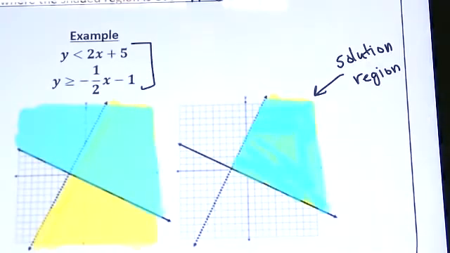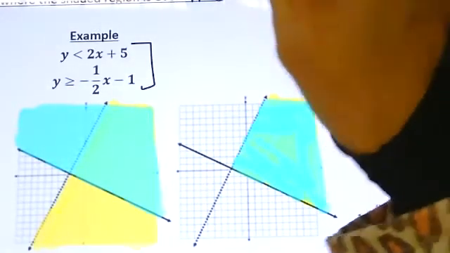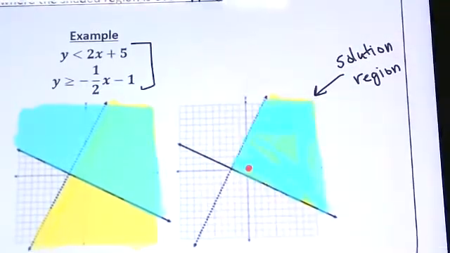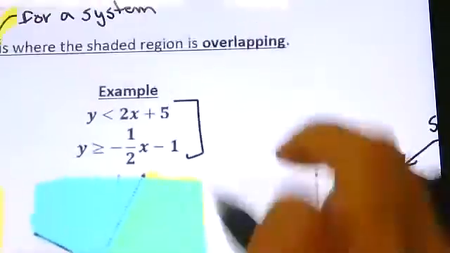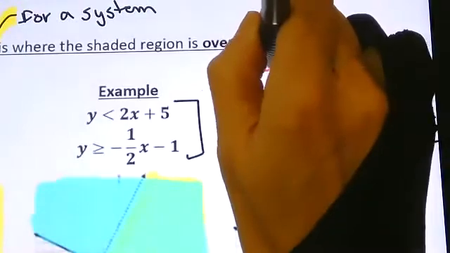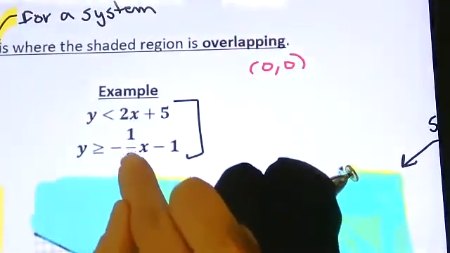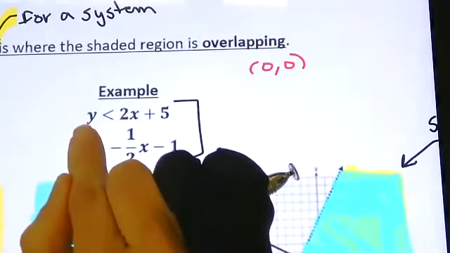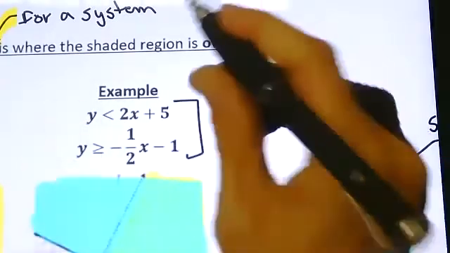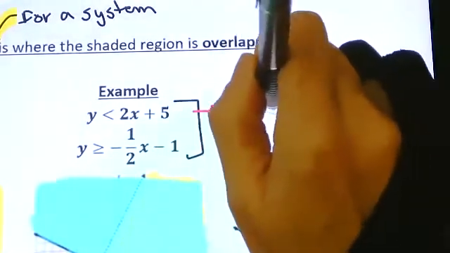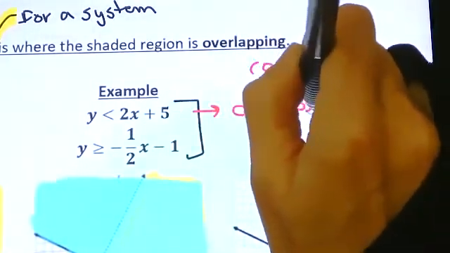So the way that you check your shading is you pick a point in the overlap. For example, there's 0, 0. 0, 0 is in my overlap. I'm going to check 0, 0, or whatever point you want. I'm going to check it in both of these. So my first inequality, the y, which is 0, so right here I'll check it. 0 is supposed to be less than 2 times 0 plus 5.